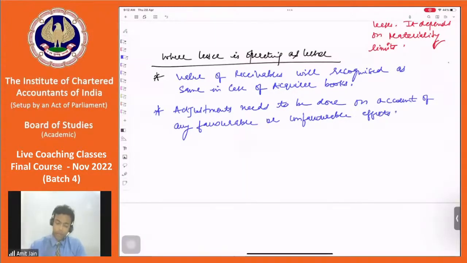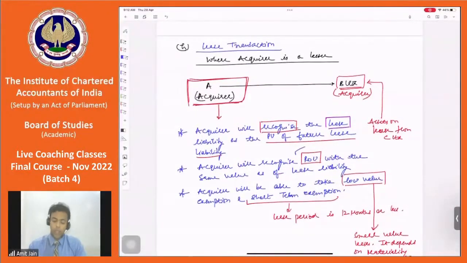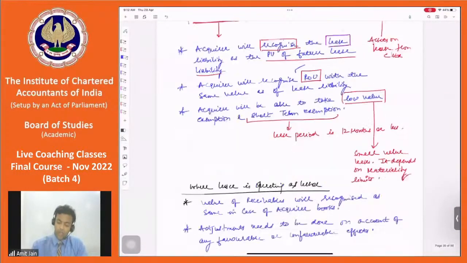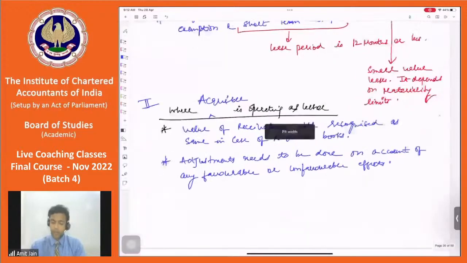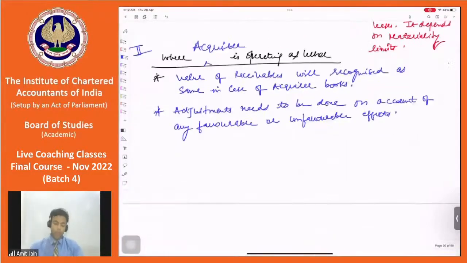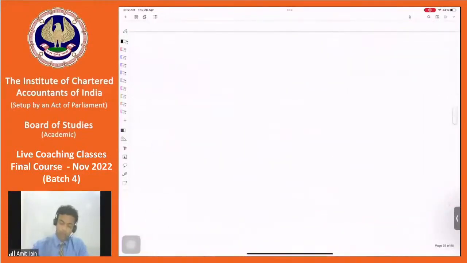So this will be the accounting, guys, in case of lease transaction where the acquiree is operating as a lessee, or where the acquiree is operating as a lessor.